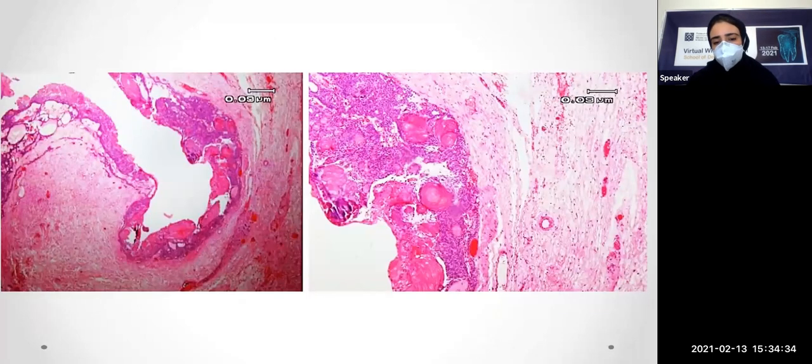At the time of pathological examination, these slides are what we found. We found that 2 components were mainly seen. The first one was a cystic component, which can be seen at more magnification.